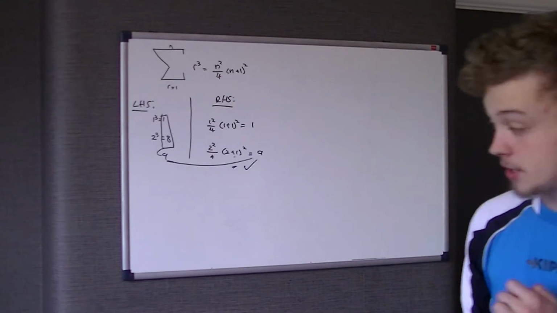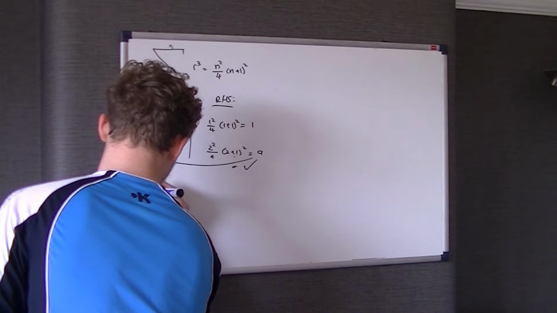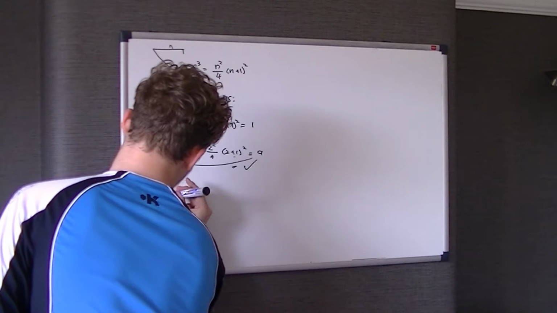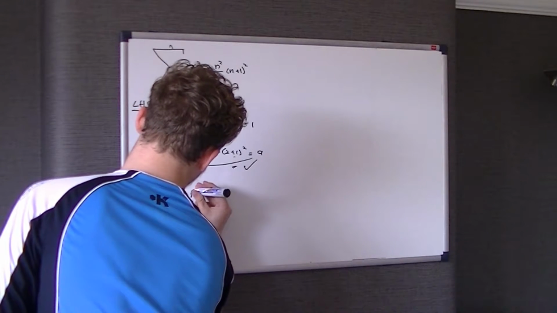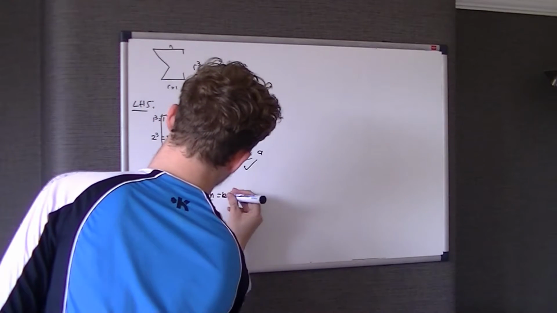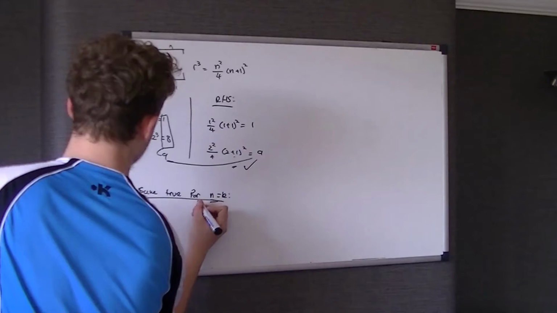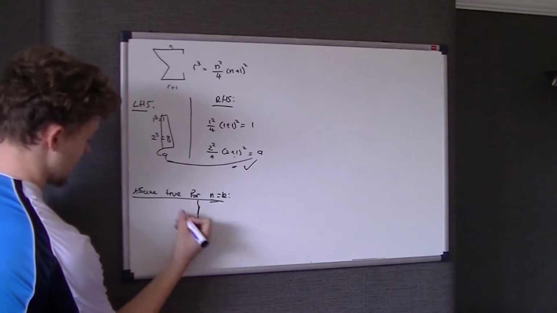The next little bit you need to do is assume true for n equals k. And as I always mention, this is literally just subbing in n to be k, or r to be k, wherever you see n or r. So on the left hand side, we've got r cubed, so we're going to put k cubed instead.